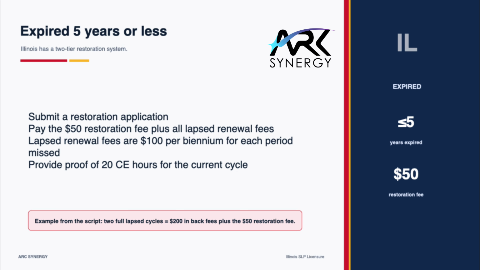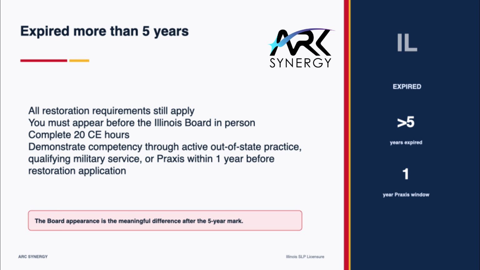Now, if your license has been expired for more than 5 years, you still need to do all of the things I just talked about for 5 years or less, plus you must appear before the Illinois board in person to complete an in-person part of the process. You also, of course, need to complete the 20 CE hours. You also need to provide one of the following to demonstrate competency.